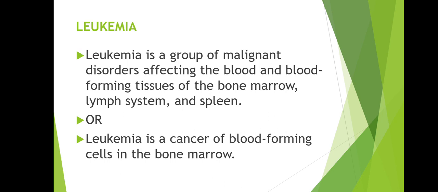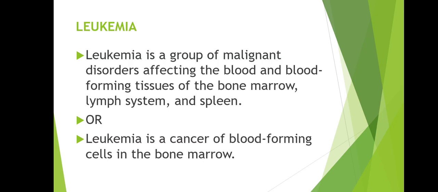In the case of leukemia, it involves a disorder of the white blood cells due to malignancy. So it affects the bone marrow. We are going to look at how exactly something that affects the bone marrow, lymph system, and spleen gets to present.